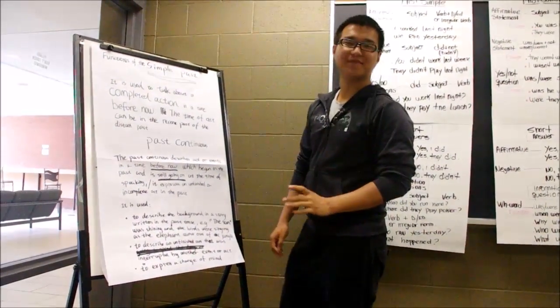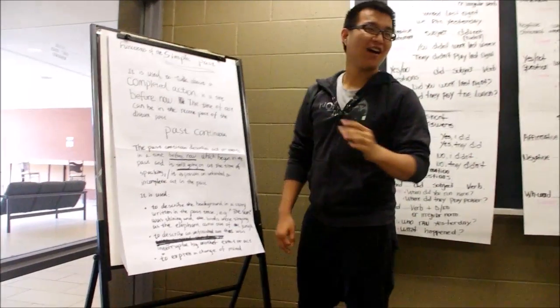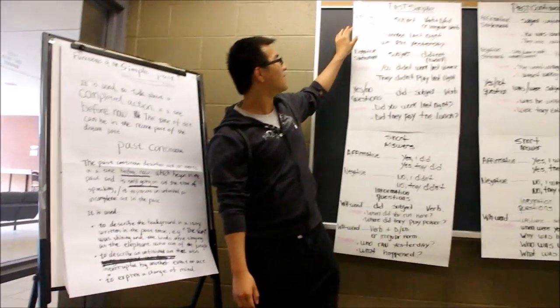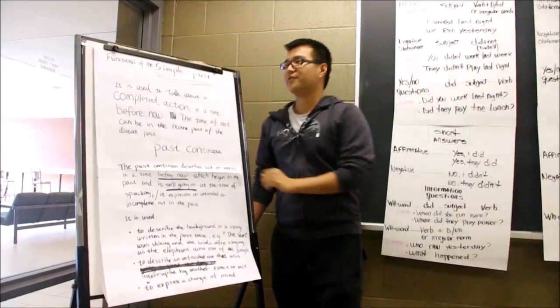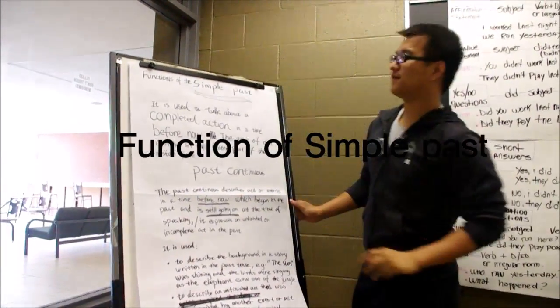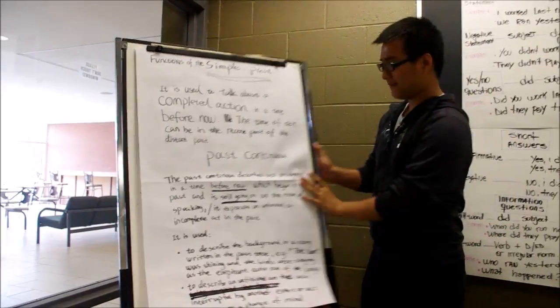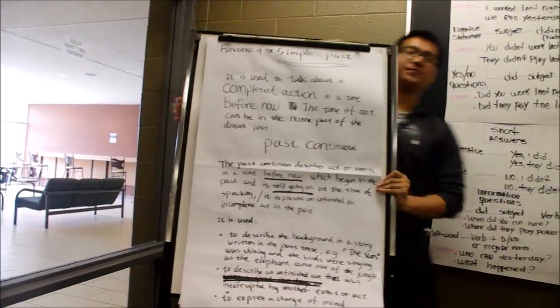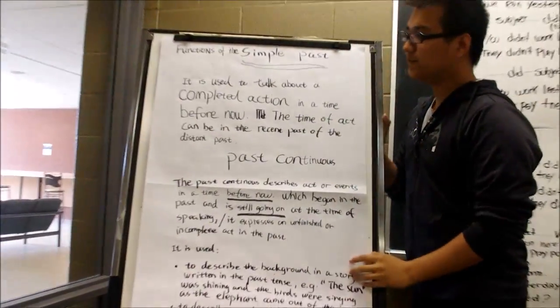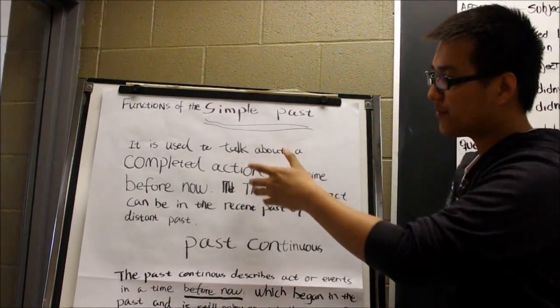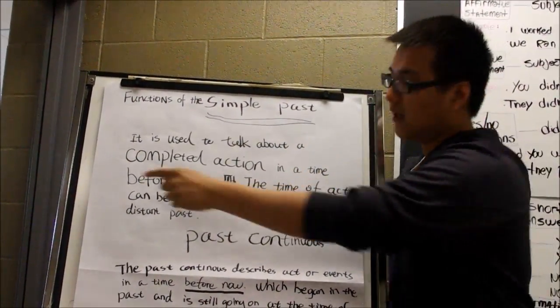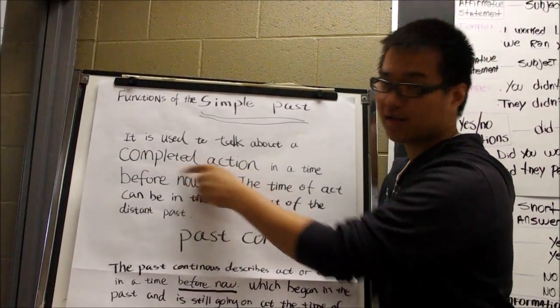Hi everyone, this is Simon. So after we know the simple past form, now I'm going to show you the functions of the simple past. The simple past is always used to talk about a complete action.